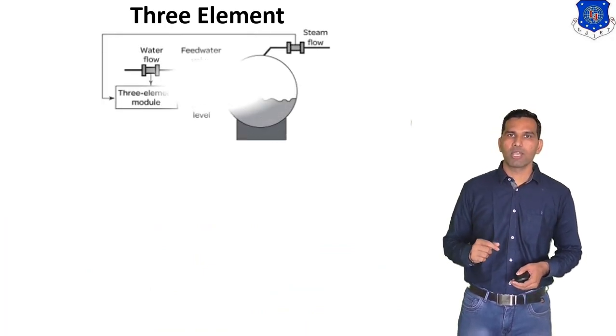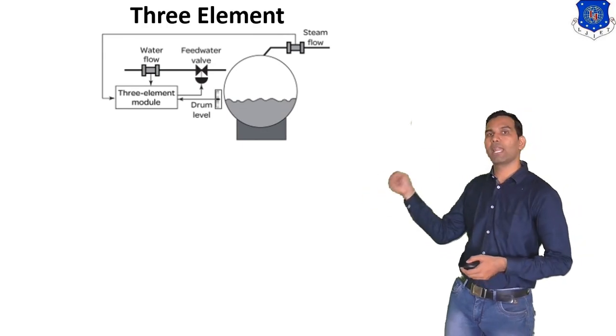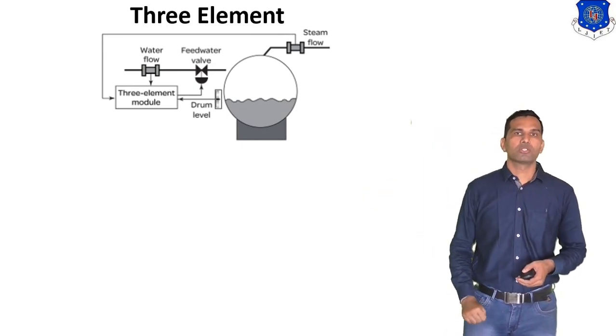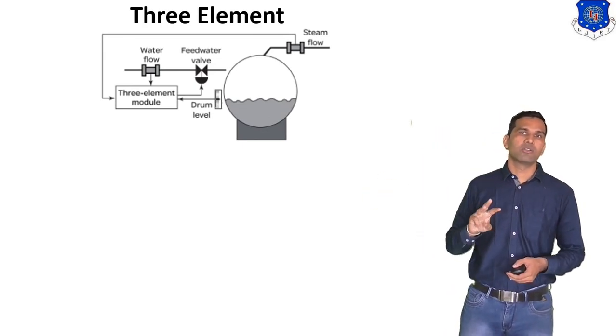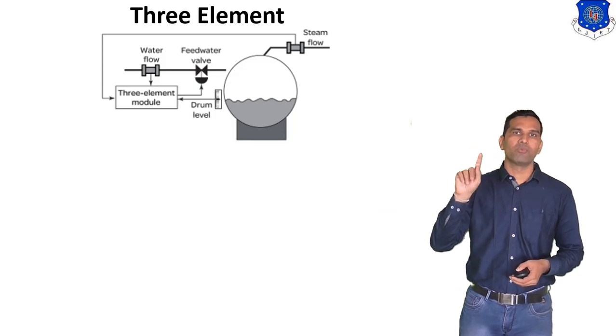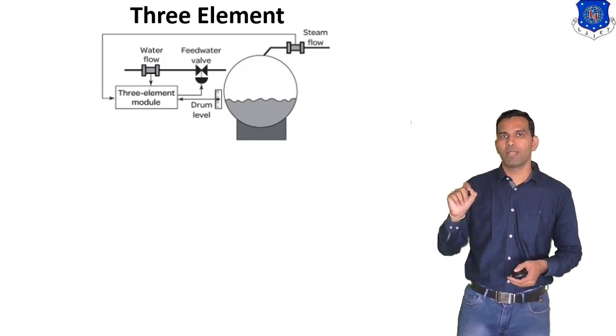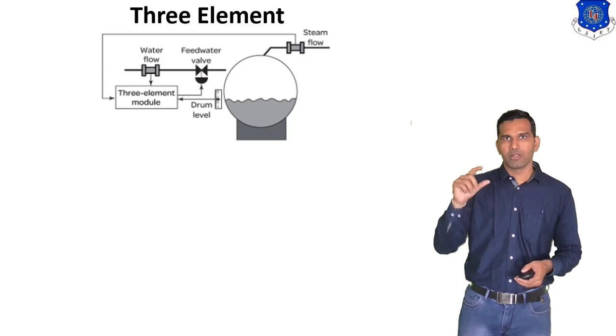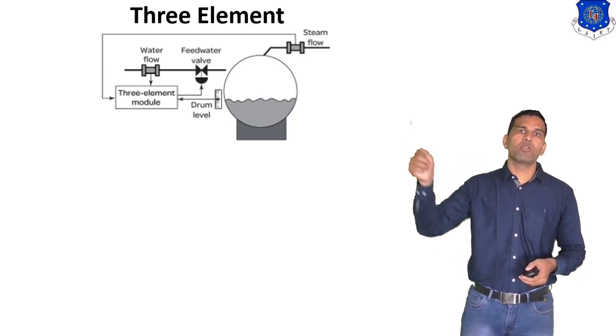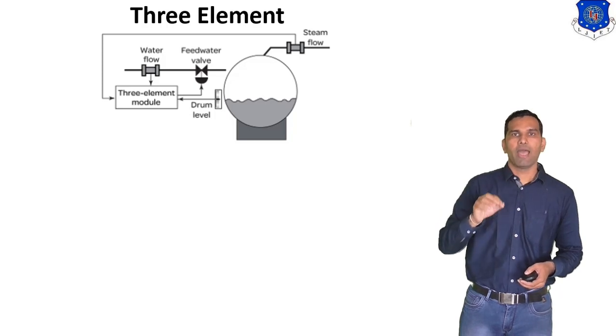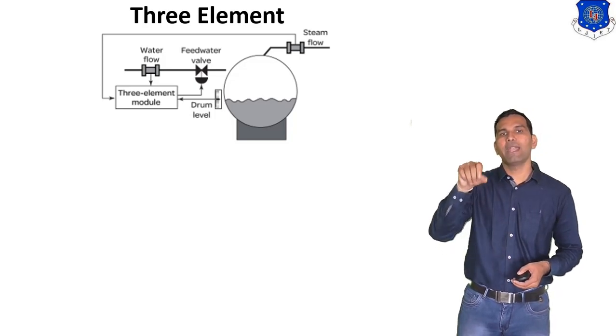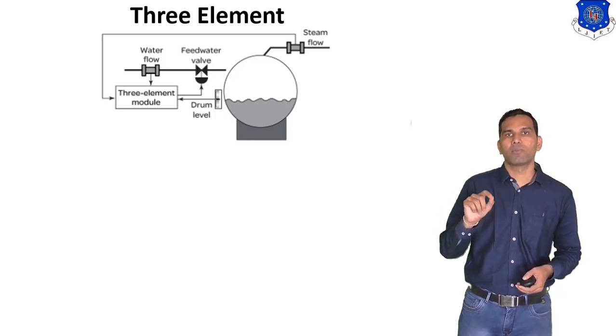So here you can see the diagram of the three element control system. Which are the three elements? Two are the same. First one is the boiler drum level signal, that is the level indicator signal. Second one is the steam flow that is coming, and the third one that is added here is the water flow.